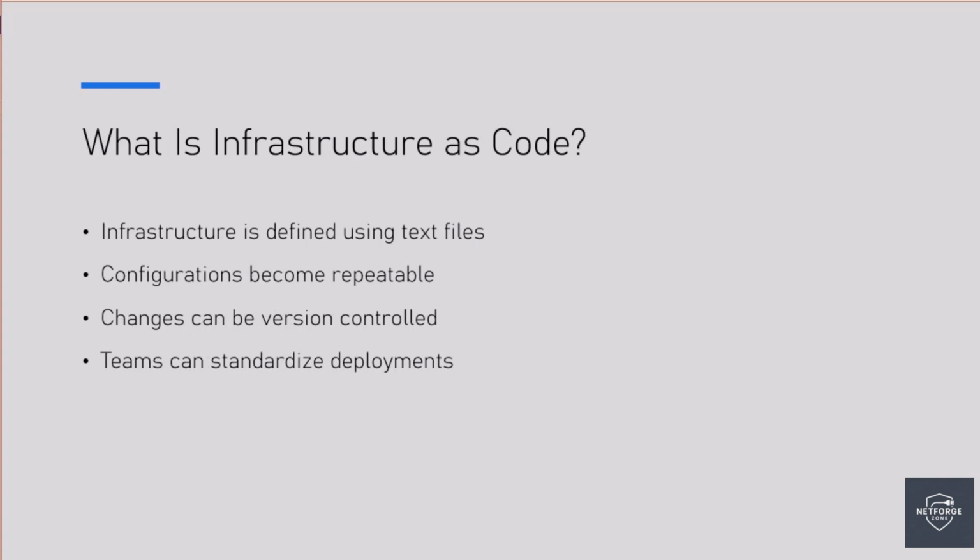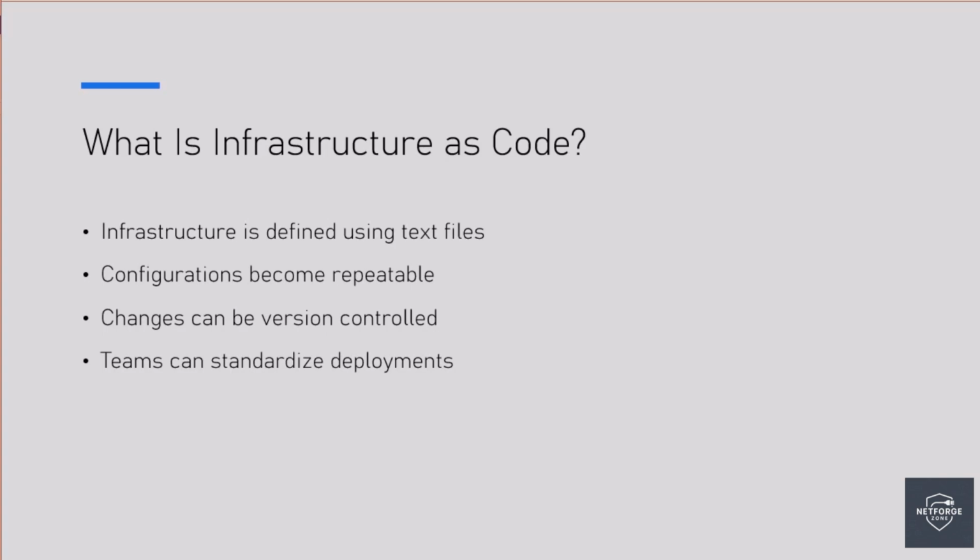Now, infrastructure as code itself is going to create a consistency across the network. What it means is you are going to have, let's say, a text file. You're going to have the script file. You're going to execute that, and this is repeatable. Like I said, whatever you do is going to yield the same result.